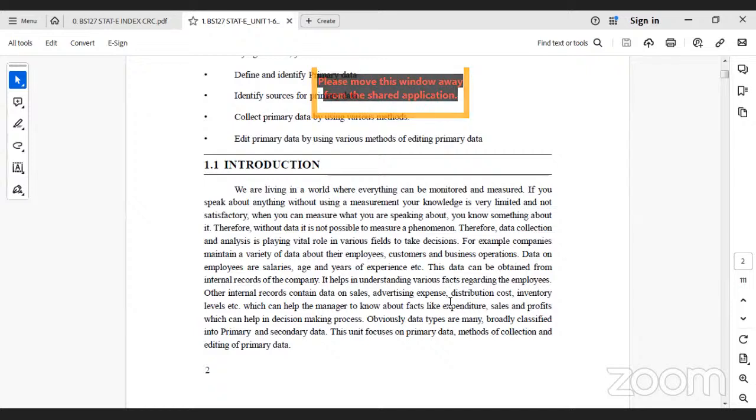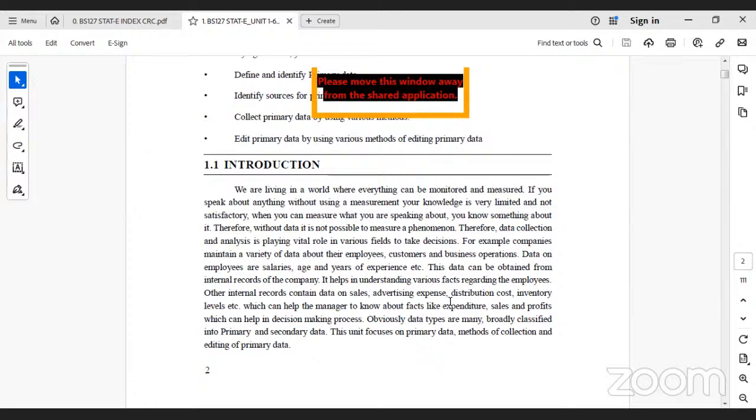The data can be obtained from the internal records of the company or university. It helps in understanding the various details regarding the employees. Other internal records contain data on sales, advertising, expenses, distribution cost, and inventory levels, which can help the manager know facts like expenditure, sales, and profits, which help the decision making process.